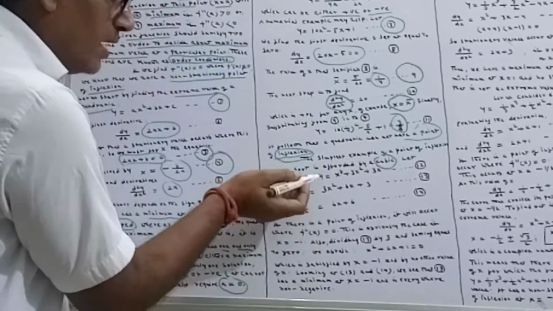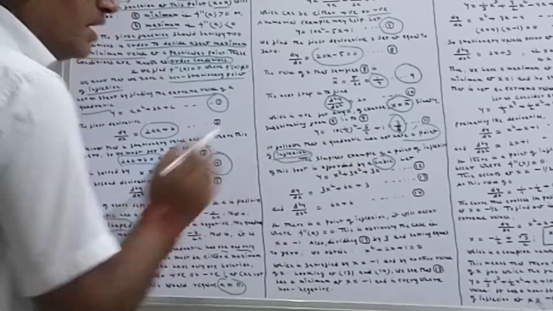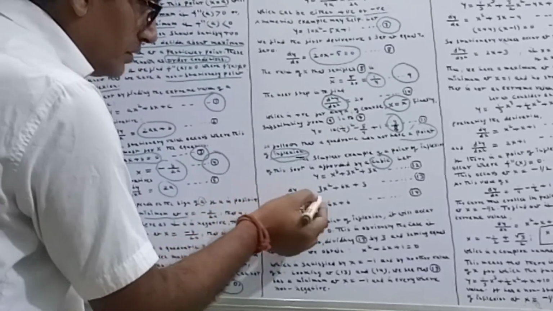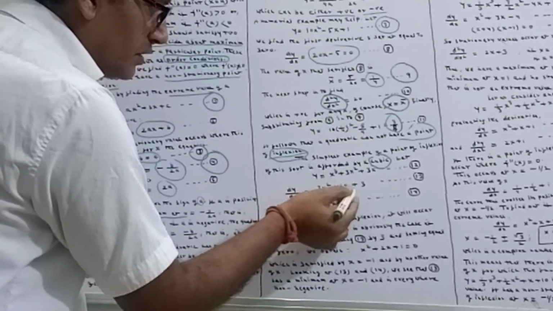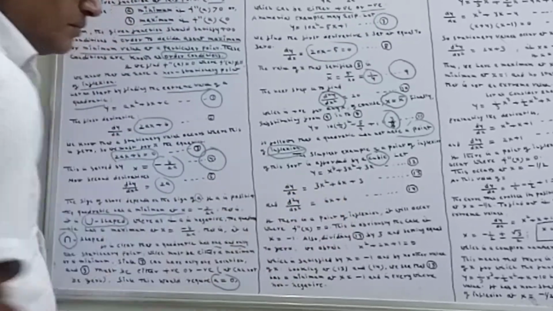Let y equal x cubed plus 3x squared plus 3x. Now the derivative of y with respect to x equals 3x squared plus 6x plus 3. The second derivative is 6x plus 6.